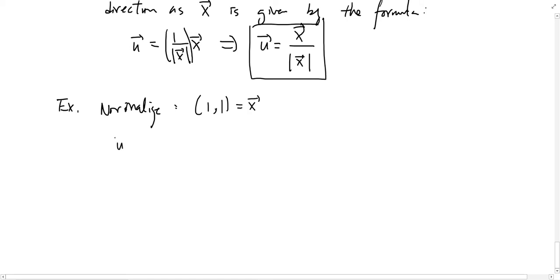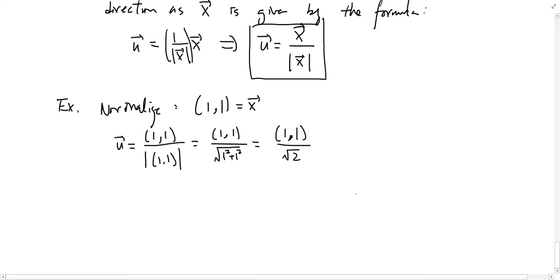To normalize vector x, or normalize the vector 1, 1, all I have to do is take the vector 1, 1 and divide by its length. So that's the vector 1, 1 divided by the radical of 1 squared plus 1 squared, which is just radical 2.